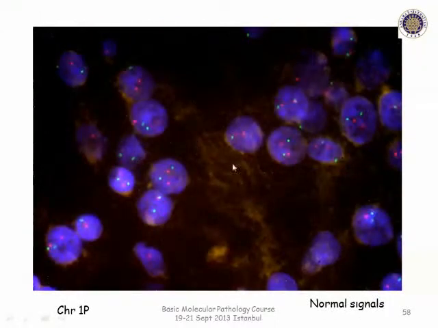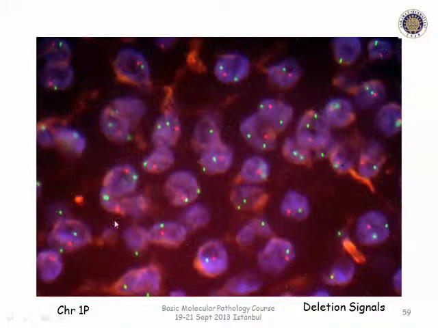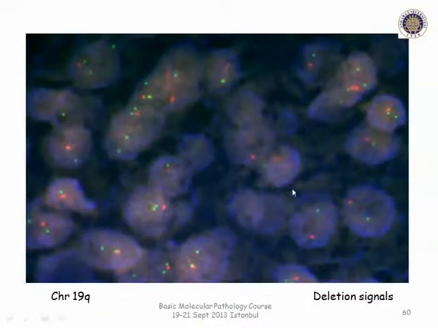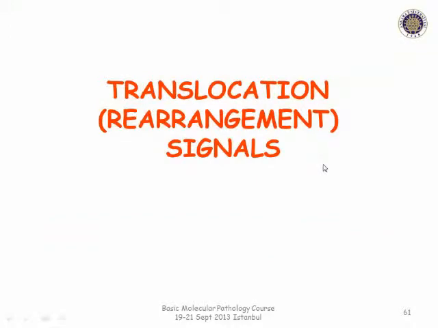This is a normal signal, two red to two green signals in many of the cells, but this is the deleted case, which has only two reference signals but only one target signal. This is another deleted case.